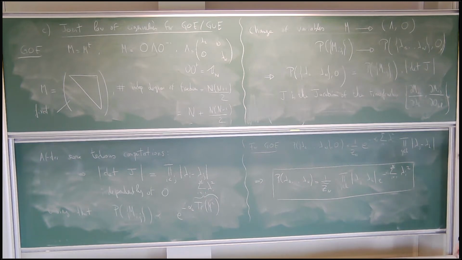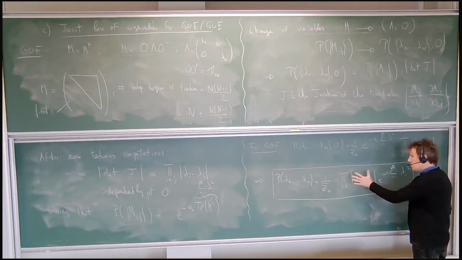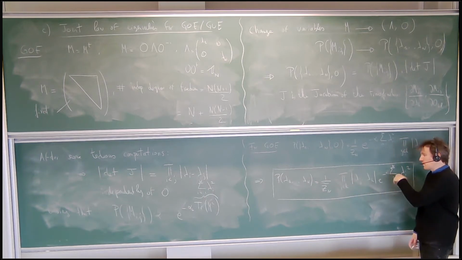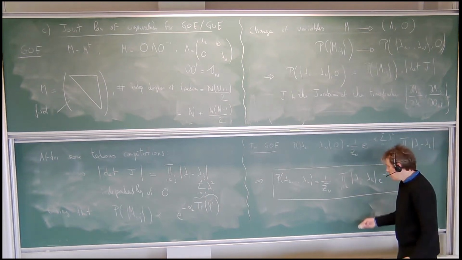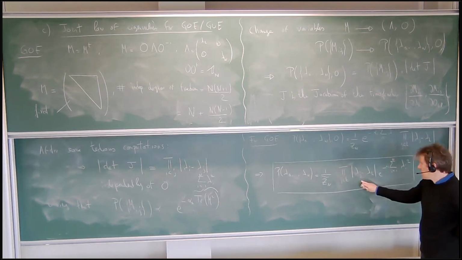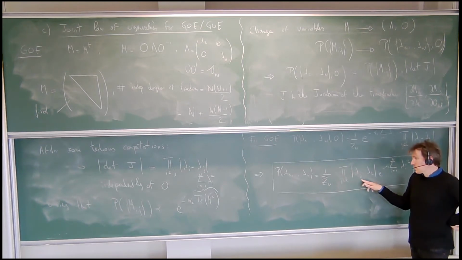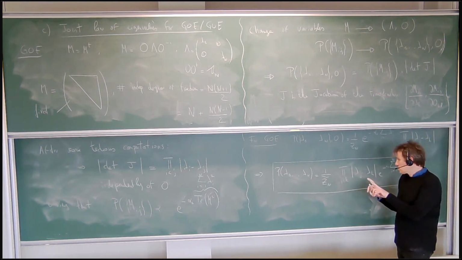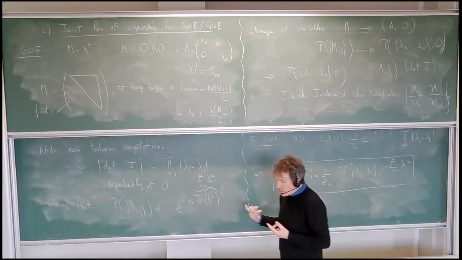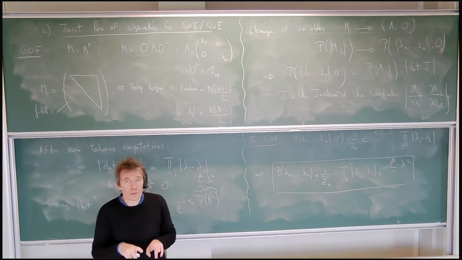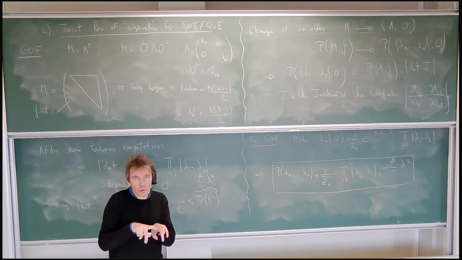What is nice is that if you didn't have that term here, that would just be a set of independent IID random variables, simply Gaussian. But of course, you have this term here, and that term you see says that the distribution actually vanishes when two eigenvalues are exactly at the same place. Okay, so that means that in these systems, the eigenvalues don't like to be too close to each other.